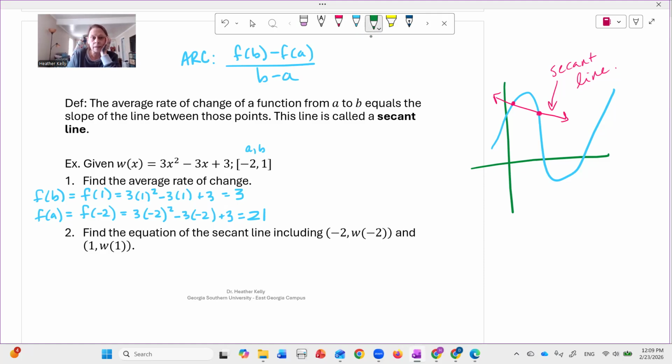So let's plug it into our average rate of change. f of b minus f of a over b minus a. So 3 minus 21 is negative 18 over 1 plus 2 is 3. That gives us negative 6.